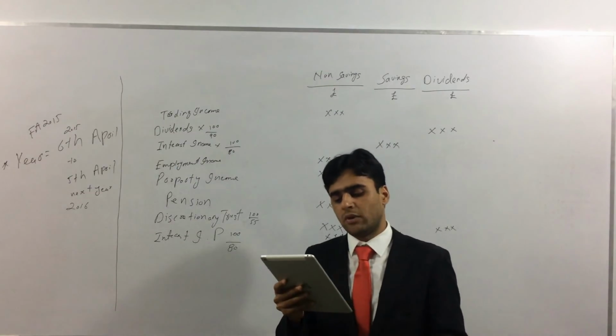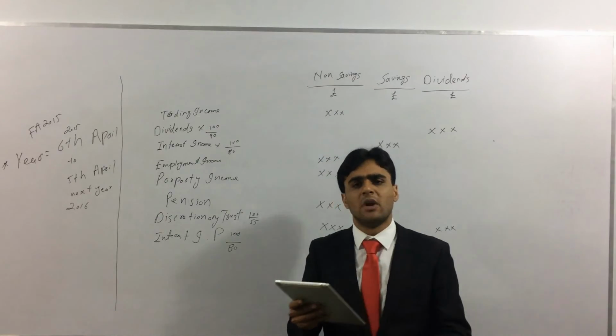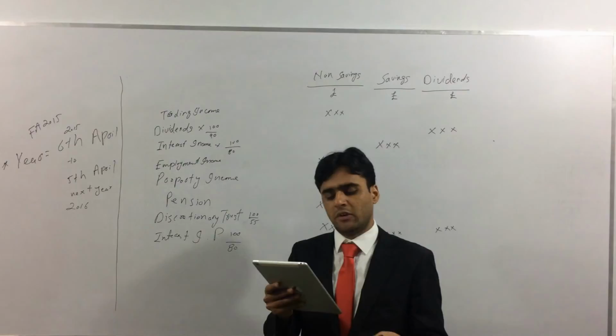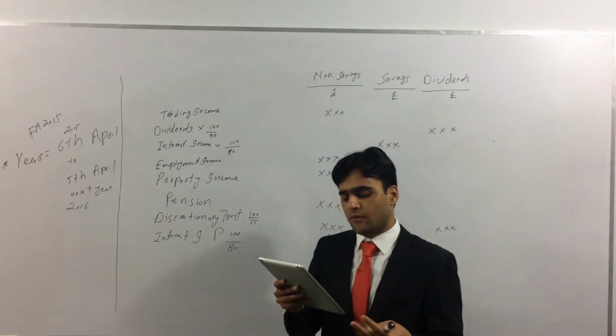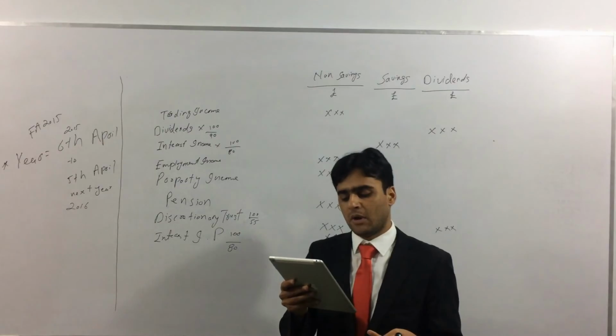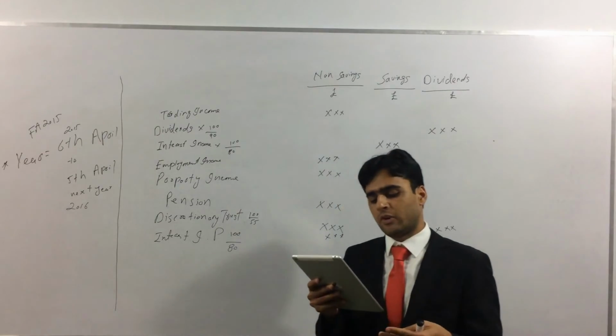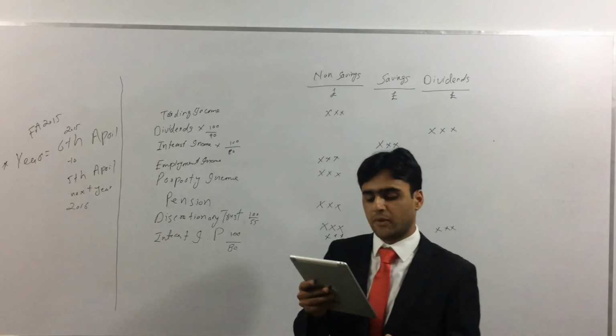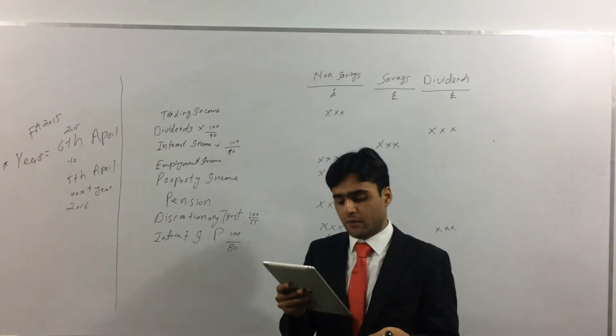So if you put some money into the VCT, which is Venture Capital Trust, we will see later, but for now, if you put some money in VCT, you will get 30% relief. If you put some money in EIS, Enterprise Investment Scheme, you will get 30% relief.